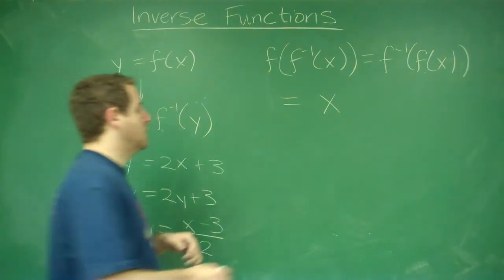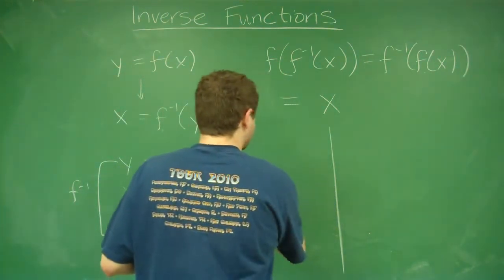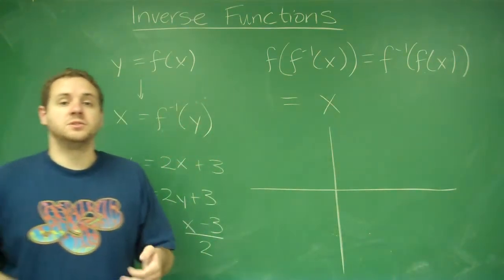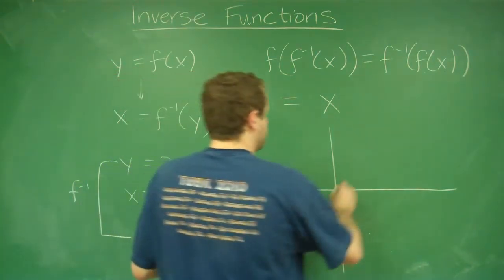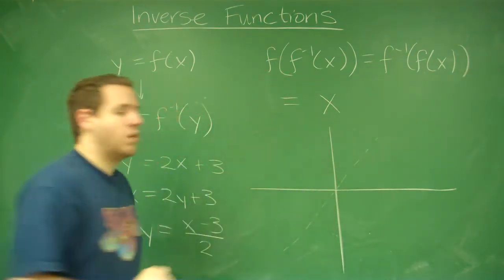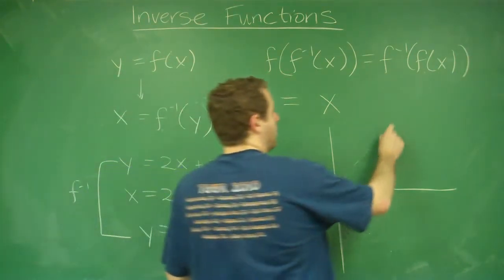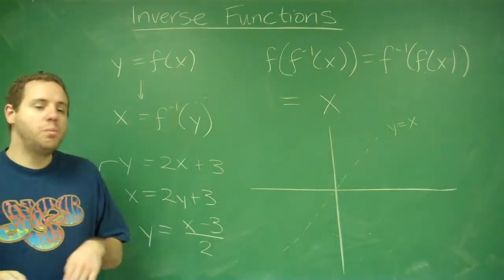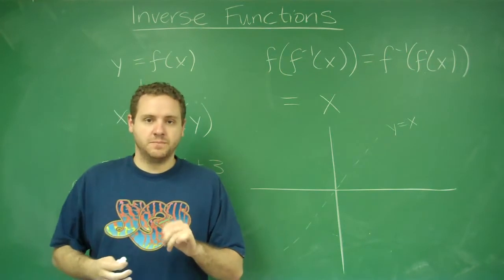And finally, you can test by a graphical approach. So an inverse function is one that is a reflection across the line y equals x. So remember, y equals x is your most basic line. It has a slope of 1 and goes right through the origin.